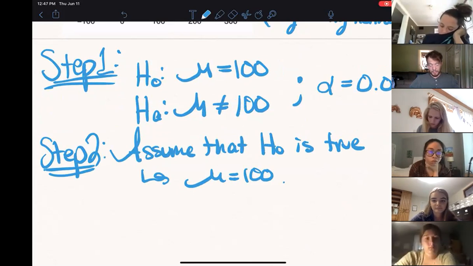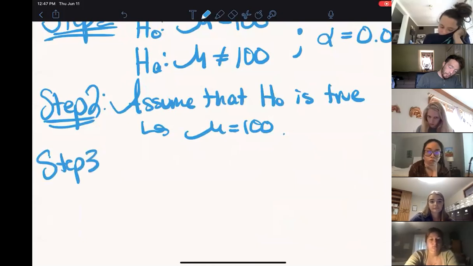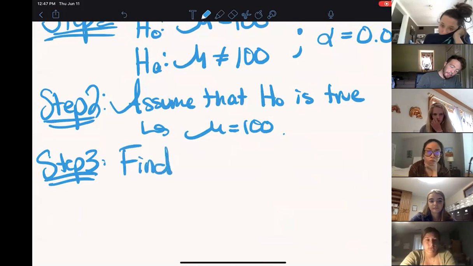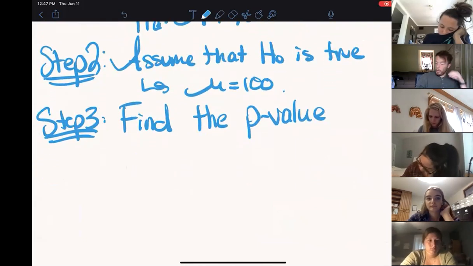Okay, so we'll do the third step, which is the meat of the problem, which is find the p-value. If we want to find a p-value, we first need to check our assumptions.